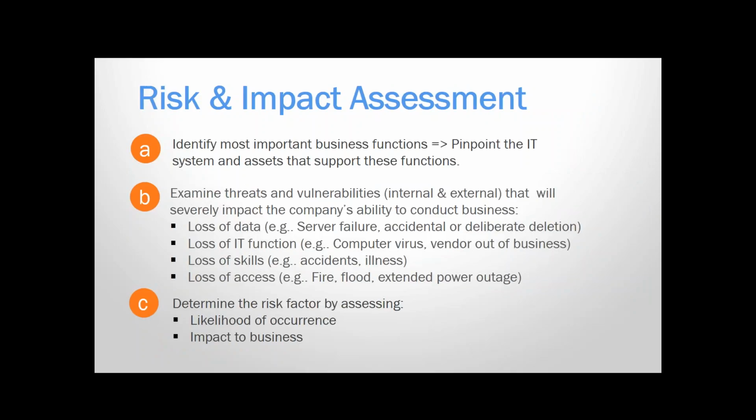The process generally involves a detailed discussion with the person with the most knowledge of the particular business unit, whether it's production, operation, a call center, finance, sales, or marketing. Your discussion really needs to cover the minimum system and capability to function during a disaster. You also need to look at the possible threats and vulnerabilities, both internal and external, that will impact the business unit's ability to conduct business.